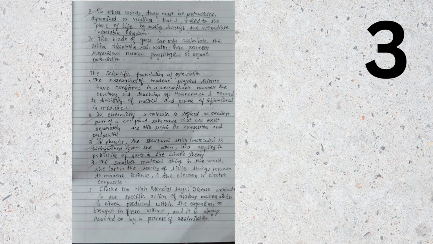In other words, they must be potentized or dynamized or vitalized, that is, raised to the plane of life by passing through the intermediate vegetable kingdom. The blade of grass can only assimilate the silica dissolved in rainwater. This process represents natural, physiological, or organic potentization.